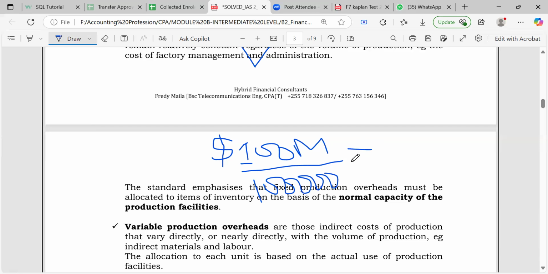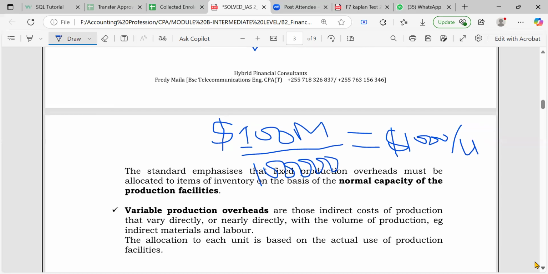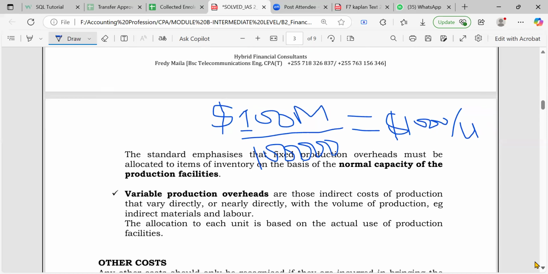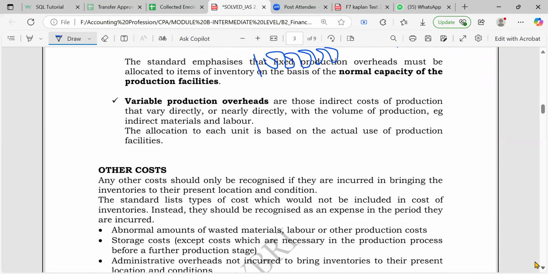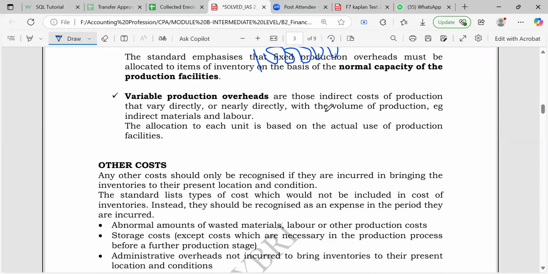So if you divide here, you're going to get $1,000 per unit. So my fixed production overhead is $1,000 per unit. You can add it to the variable cost per unit, then add the direct labor and direct material, and get the full cost of the product. But this is more management accounting based.